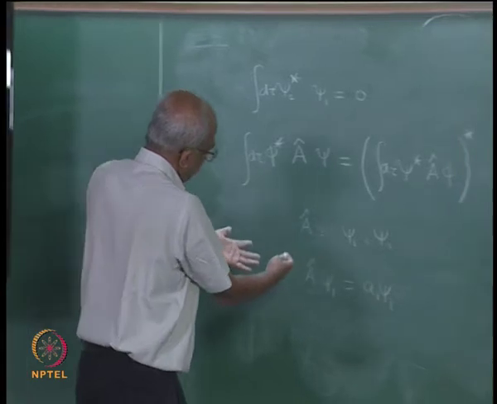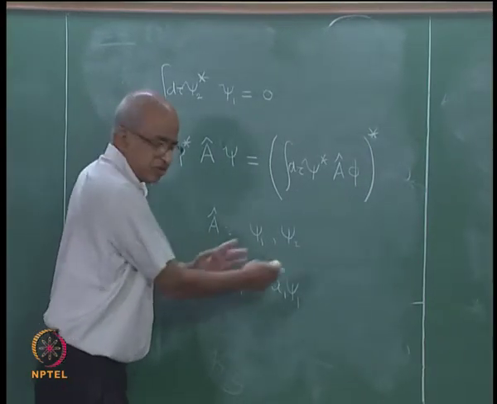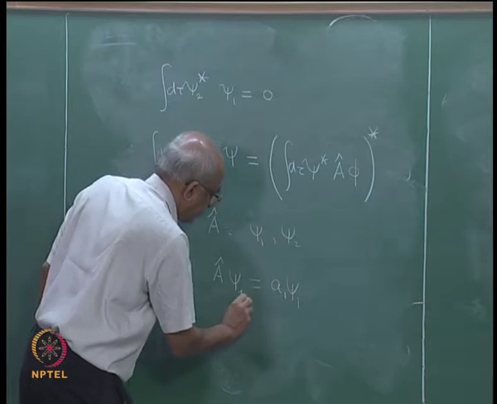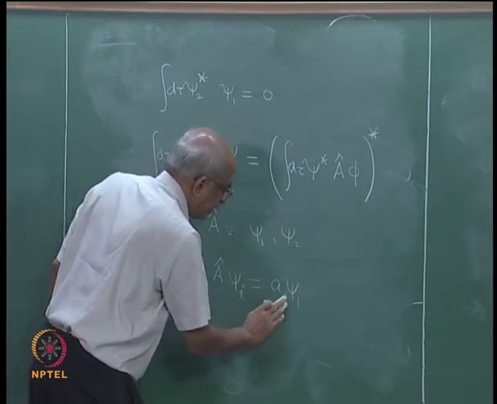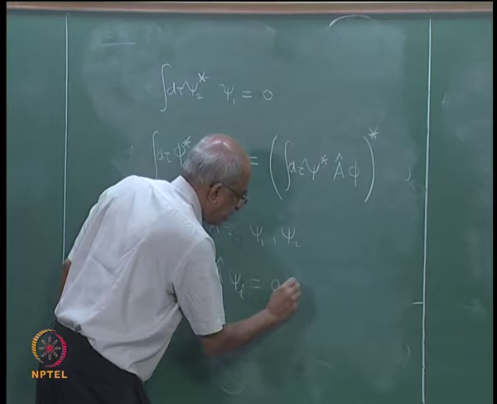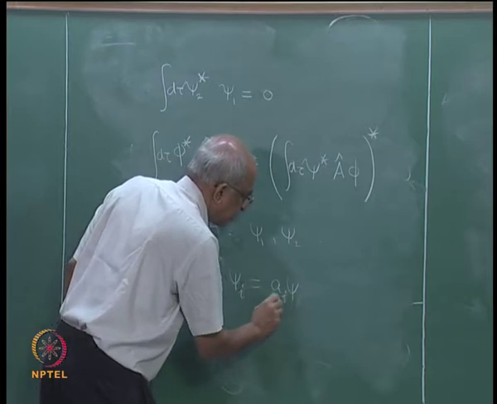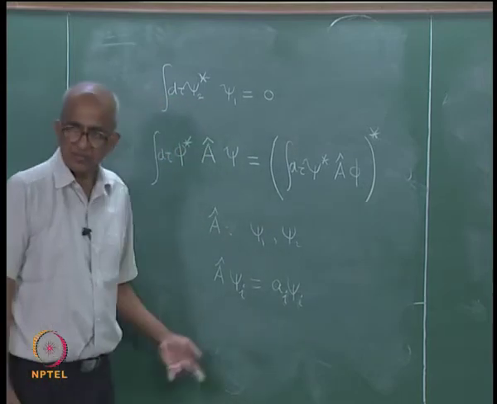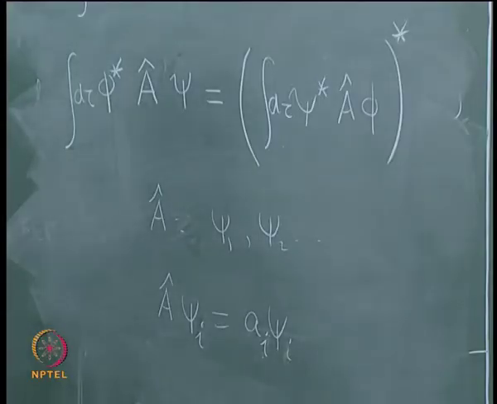And if it operated upon psi 2, the answer is going to be a 2 times psi 2, or I can generalize and say, if A operated upon psi i, the ith eigenfunction, the answer is going to be a subscript i multiplied by psi i. This is how the eigenvalue equation would look.